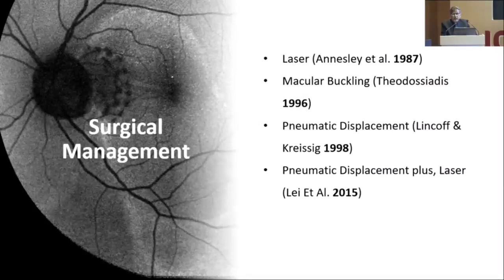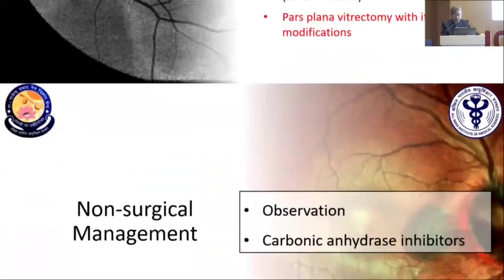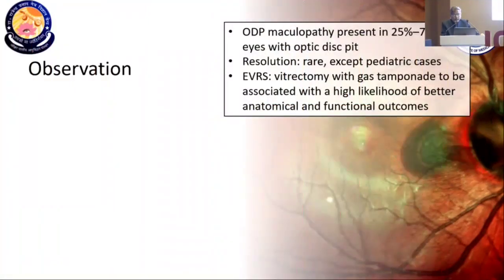Initially lasers were tried, then buckling, and pneumoretinopexy, and at present pars plana vitrectomy with its various modifications is the treatment of choice. There are two things: observation, and some people use carbonic anhydrase inhibitors. In optic disc pit, 25 to 75 percent of eyes develop maculopathy. Resolution is very rare except in pediatric cases.